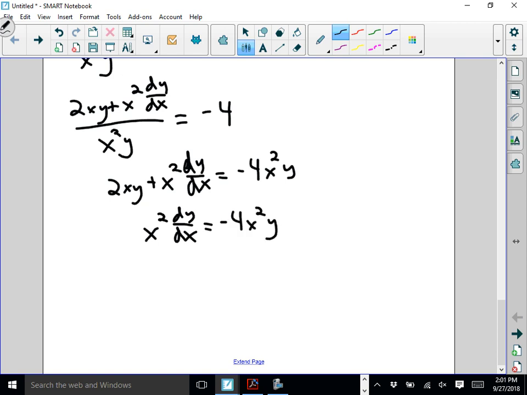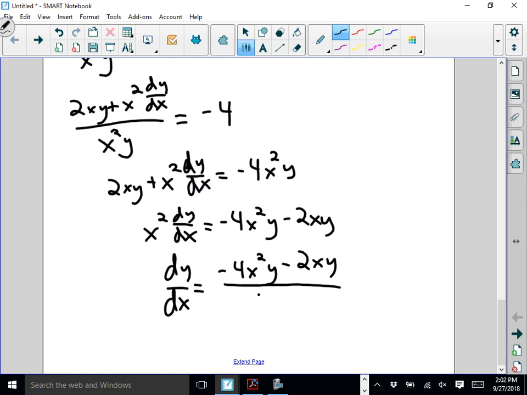And then I'm going to divide by my x squared. So we see -4x squared y minus 2xy over x squared.